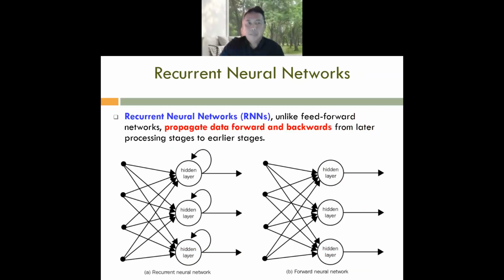And we also have the recurrent neural network. They are normally used for time series. What happens is that they propagate the data forward and also backward. So this is a recurrent neural network. If you only go in one direction, this is what we call a feed forward neural network.